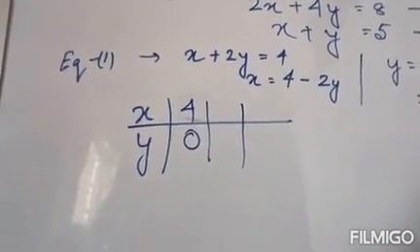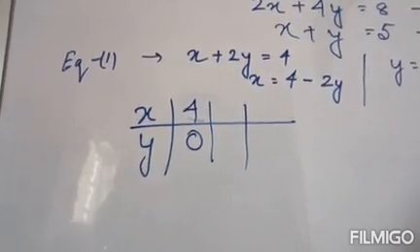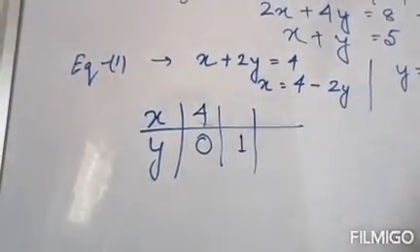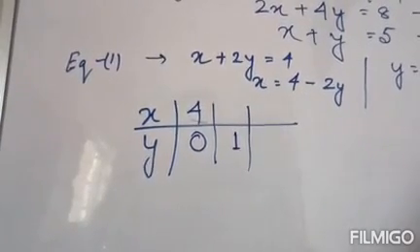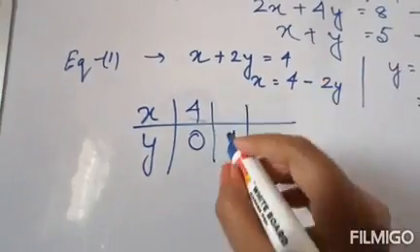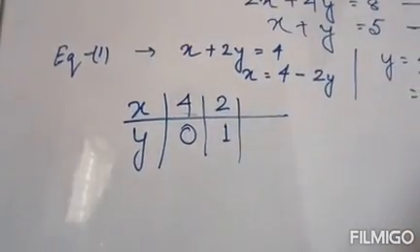Now let us take y's value as 1. If I take 1 as y's value, what will be x's value? 1 into 2 will be 2, and 4 minus 2 is 2, correct?